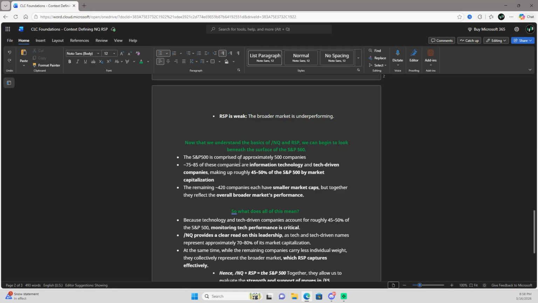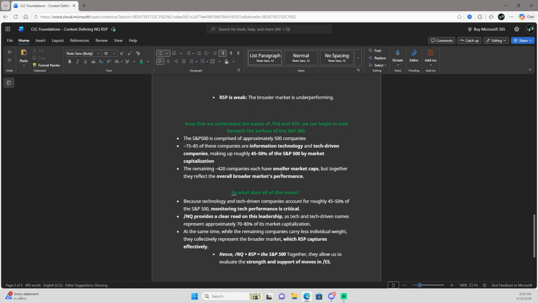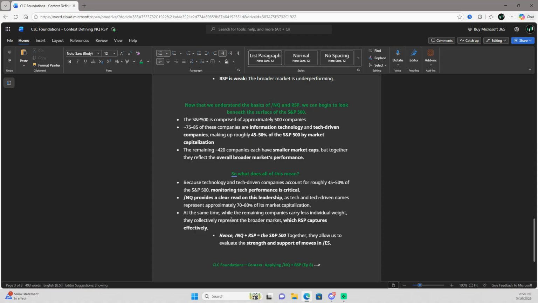And of those 75 to 85, out of the 500 companies, which numerically only represents like 15% of the S&P 500, those 15% of names make up roughly half of the market cap of the S&P 500. What that means is that tech is very important in shaping the movement of the S&P 500. And so we'll get into that more down here.